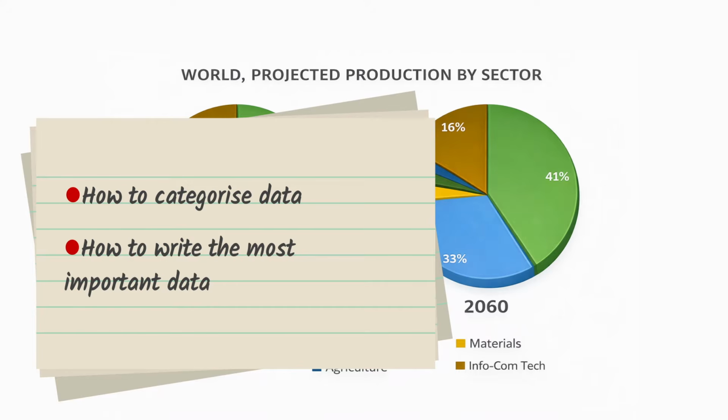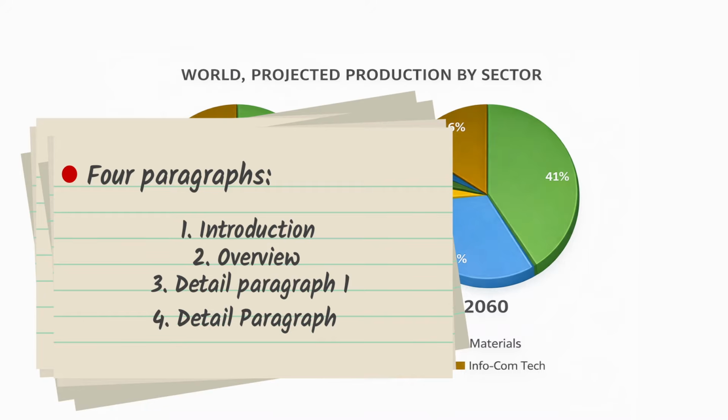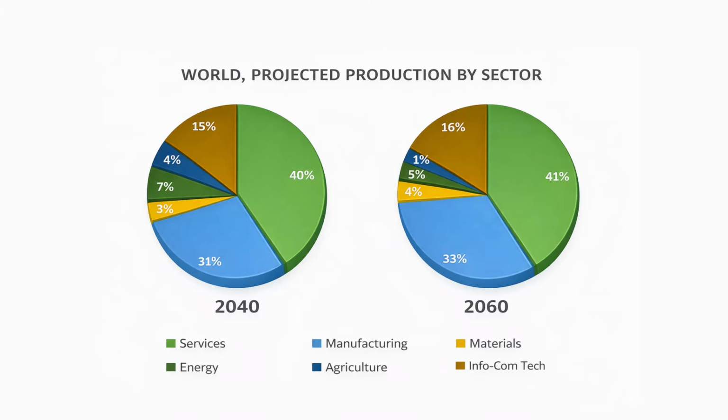As you know, in writing this report, we will have 4 paragraphs. The first paragraph will be the introduction, then the overview paragraph, and then we'll have 2 detailed paragraphs. One thing about these 2 pie charts is that both are projections, predictions about the future.